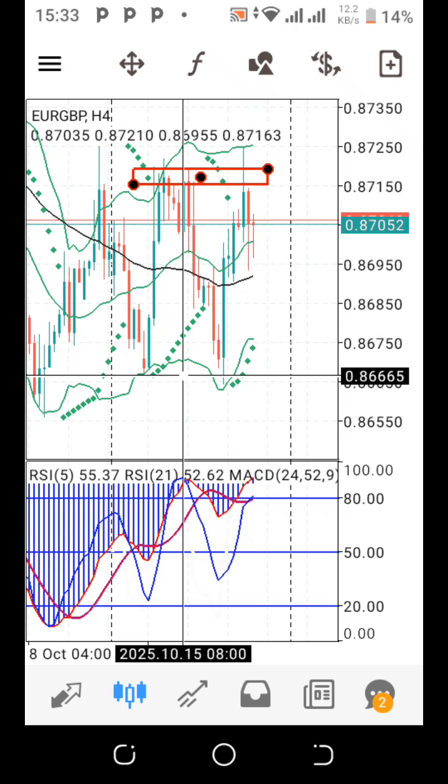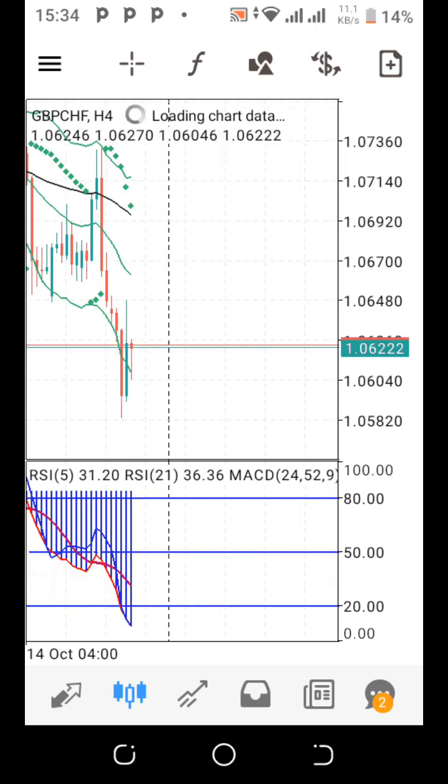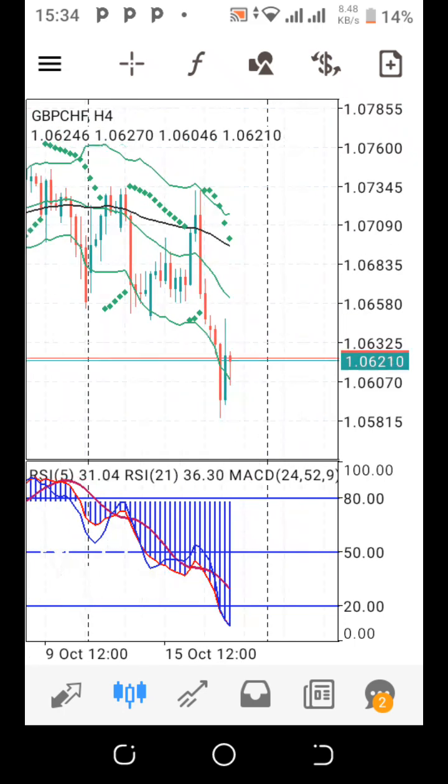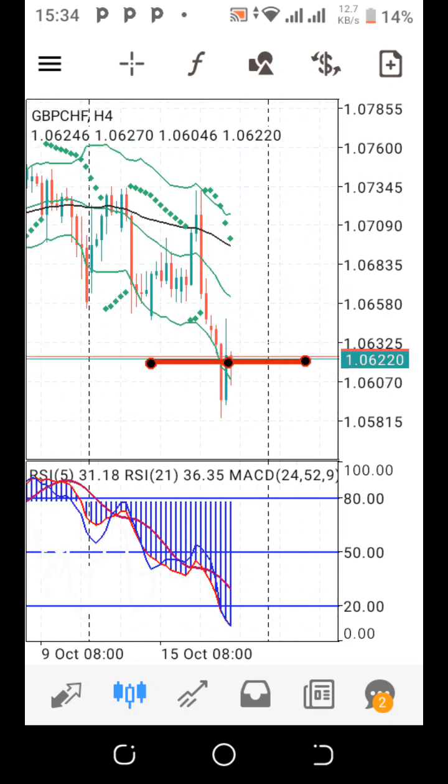So when this thing happens on Euro GBP, also wait for it to happen on pound Switzerland dollar. Also, there is a double bottom here. Yes, it has to happen here. There's a double bottom here, even though it did not show here.